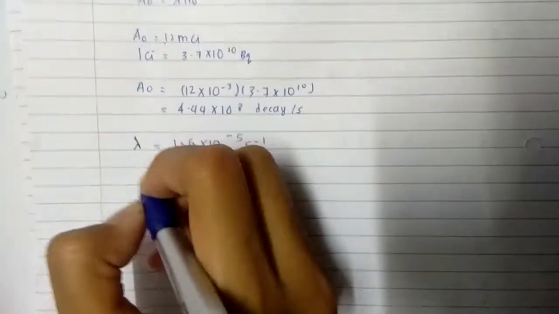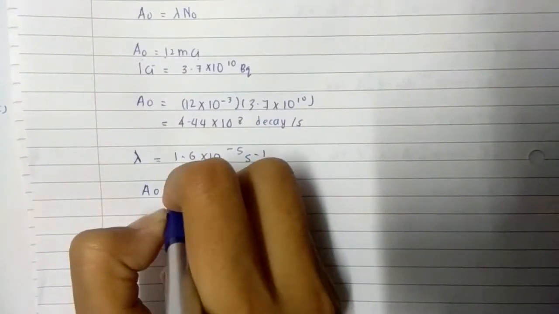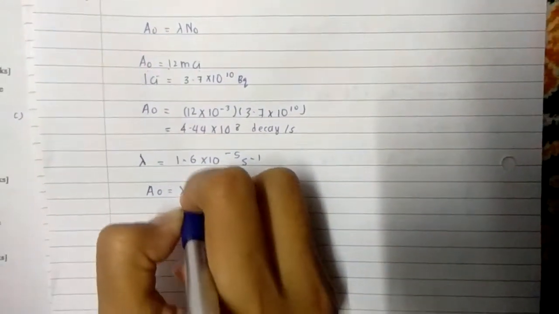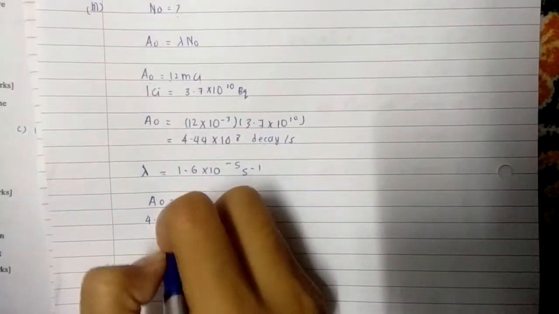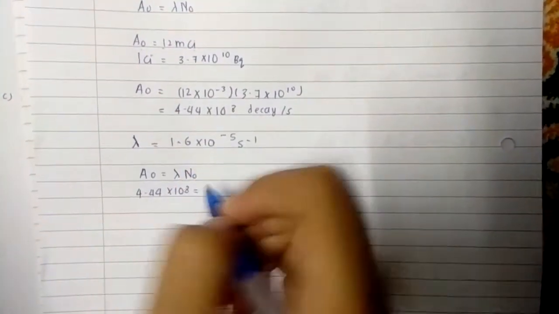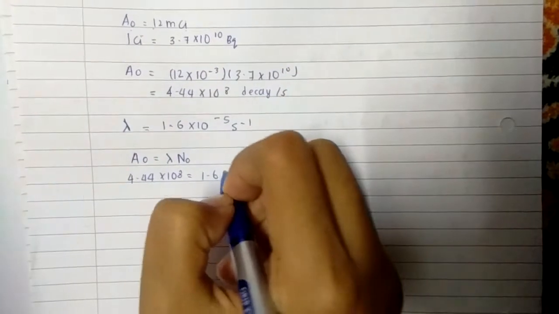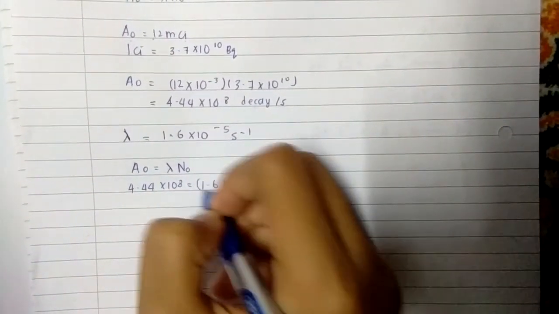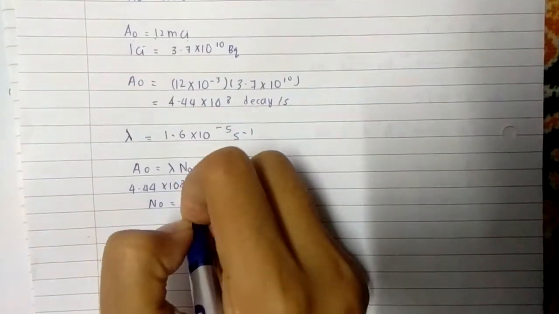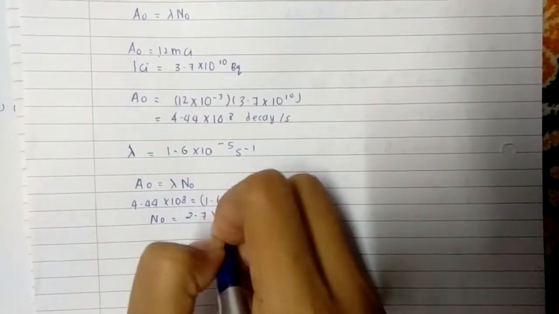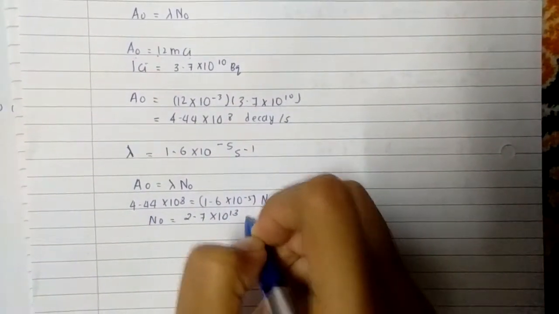Substitute in the formula A naught equal to decay constant times N naught. You will get N naught equal to 2.7 times 10 to the power 30 nuclei.